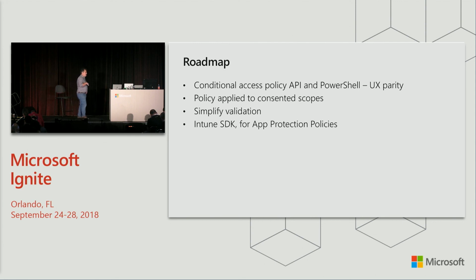Another thing that we're doing, and this goes back to my point about having the right behaviors by default, is under the covers, having policies applied more to permission scopes, not to the actual app or service that you're targeting. The value that you get here is, again, around Microsoft Graph. More and more applications are being built on Microsoft Graph, and you want a policy to be applied based on the resource that application is getting to.